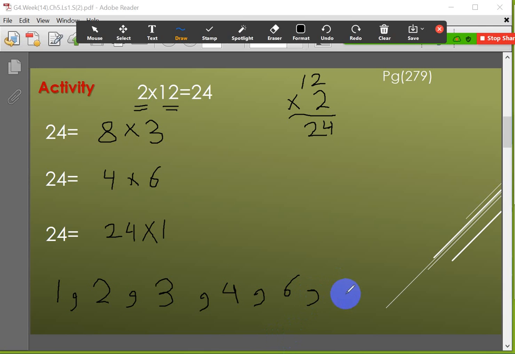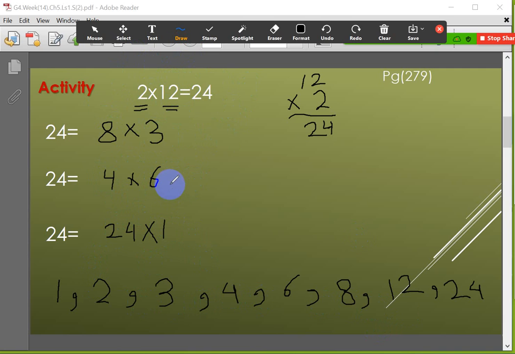I have 8. I have 12. Okay, I have the last one, 24. All those are factors for 24. Okay, 2 and 12, 8 and 3, 4 and 6, 24 and 1. All those are factors for 24.